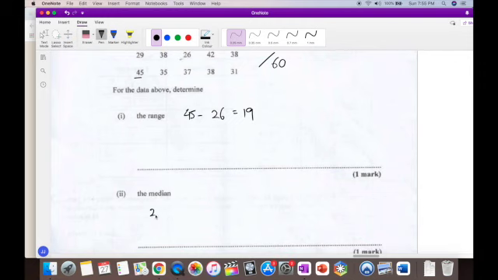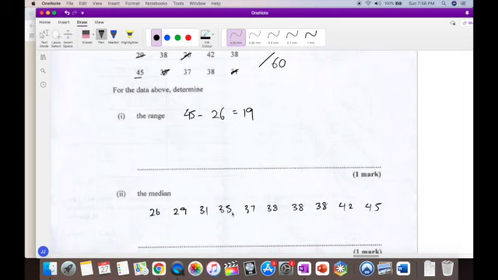So 26, 29, 31, 35, 37, 38, 38, 38, then 42 and 45.